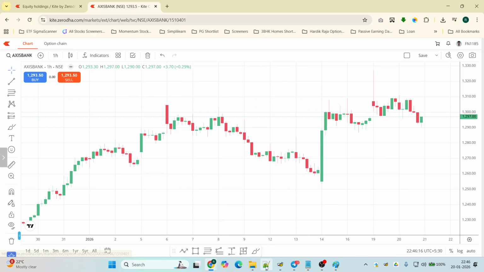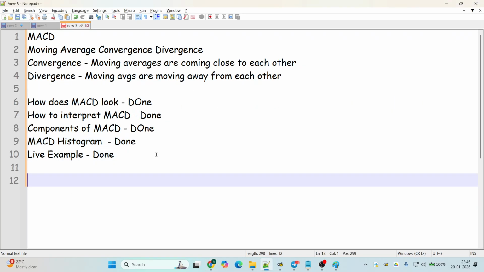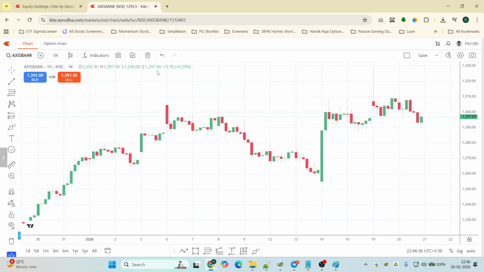One more thing: this can be used in intraday, swing, positional, and investment purposes, basically for all types of trading or investment. How do I add this MACD indicator?